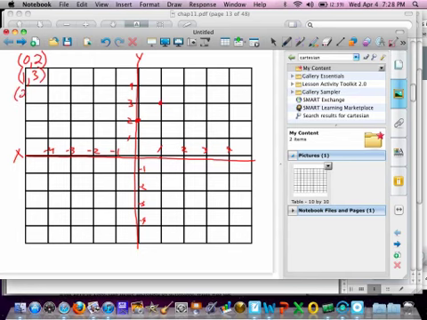I then put in 2 and got 4. So I go over 2 and up to 4. Then I did some negatives. I did negative 1, and when I did negative 1 I got 1. So negative 1, positive 1 right there. And then I did negative 2 and got 0. And so I got that right there.